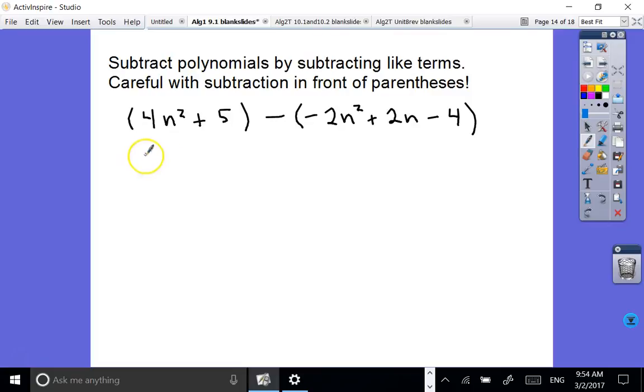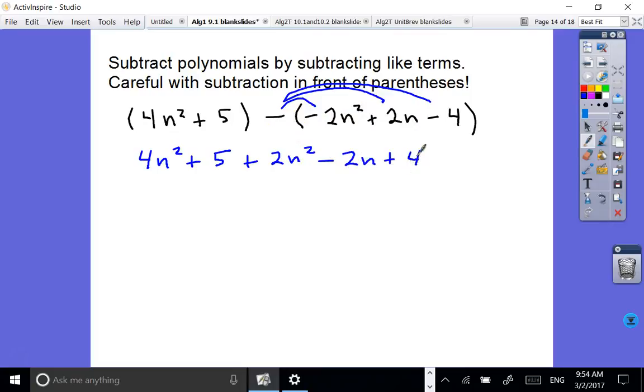So I would write it like this. 4n squared plus 5. Okay, now minus a negative makes plus 2n squared. I'm distributing here and here and here. Negative 2n and negative times negative 4 is positive 4. So take a step and basically turn it into an addition problem by distributing that negative.